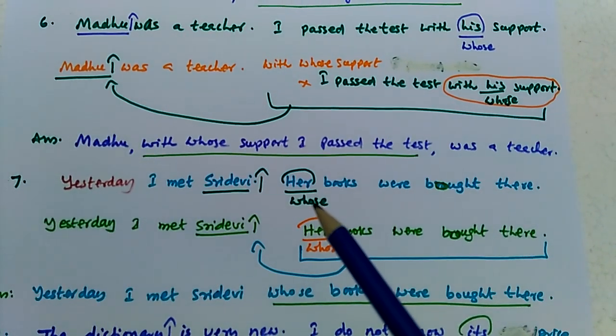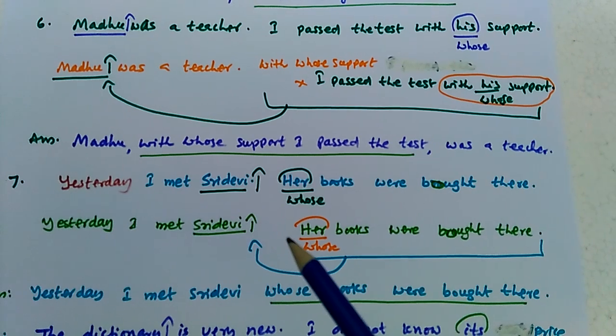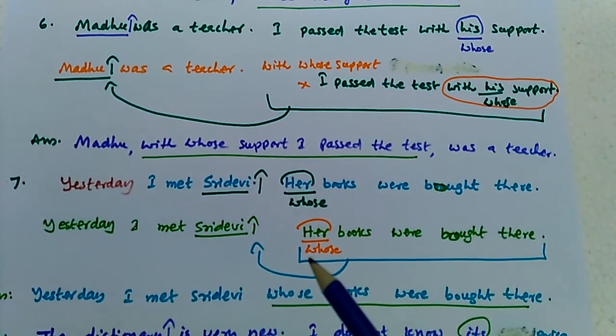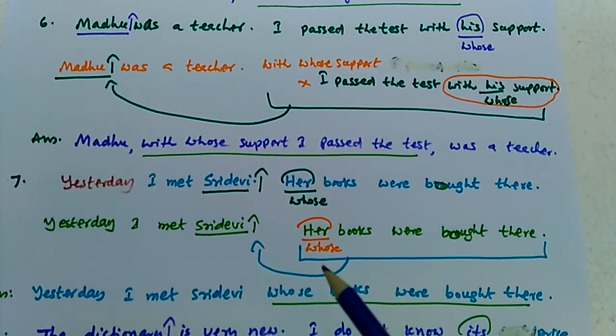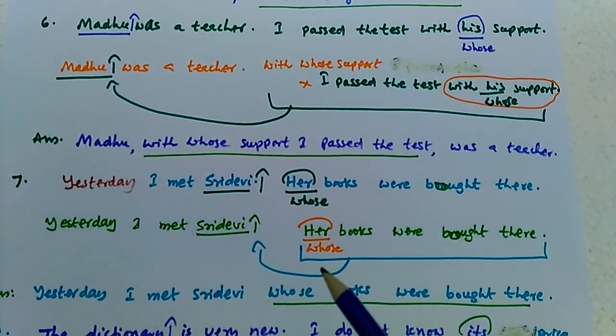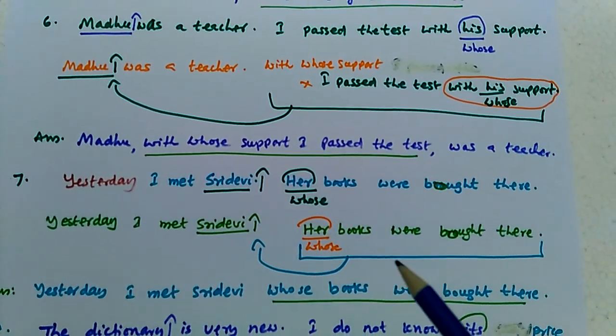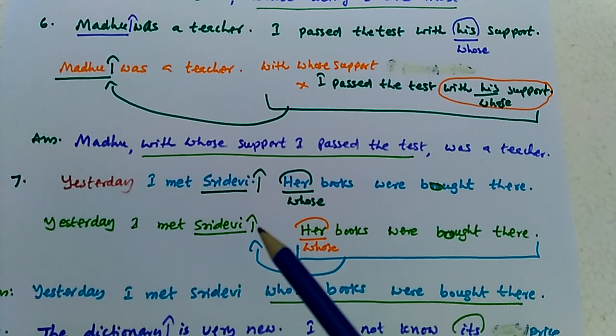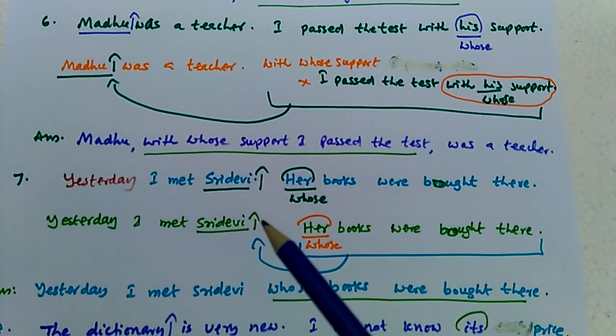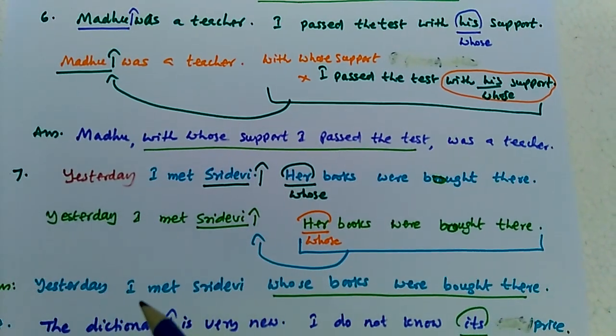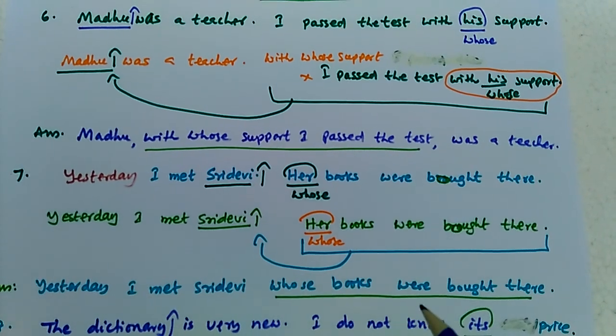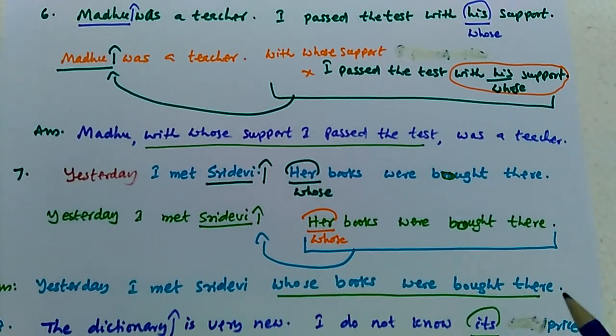And next step, the whose plus noun is to be brought to the front of this sentence. Already whose with noun is there at the front of this sentence. And now the entire sentence is to be kept at the place where arrow mark is there. So by doing so we get the answer: yesterday I met Sridevi, whose books were bought there.